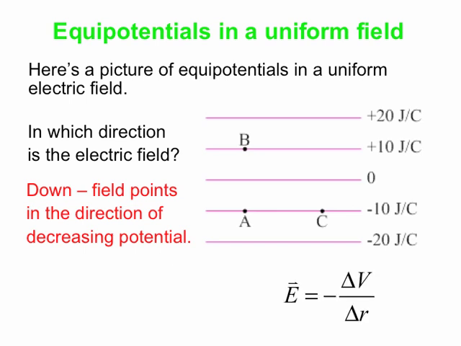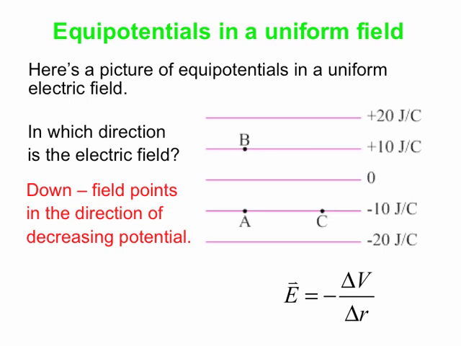Now this is potential we're talking about, and there is a connection with the field. I think you can make this kind of quantitative connection: E is minus delta V over delta R. What it really means is pick the direction in which you decrease the potential most rapidly, and that is the direction of the field.